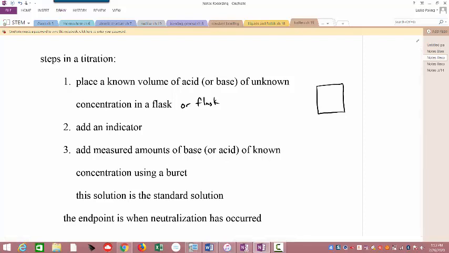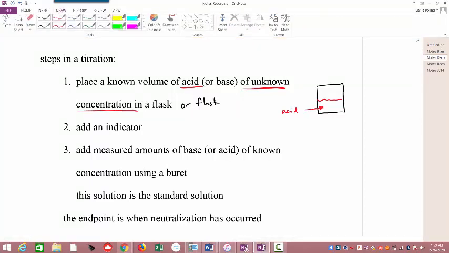In a beaker or a flask, you put your acid of unknown concentration. Okay? You add an indicator.